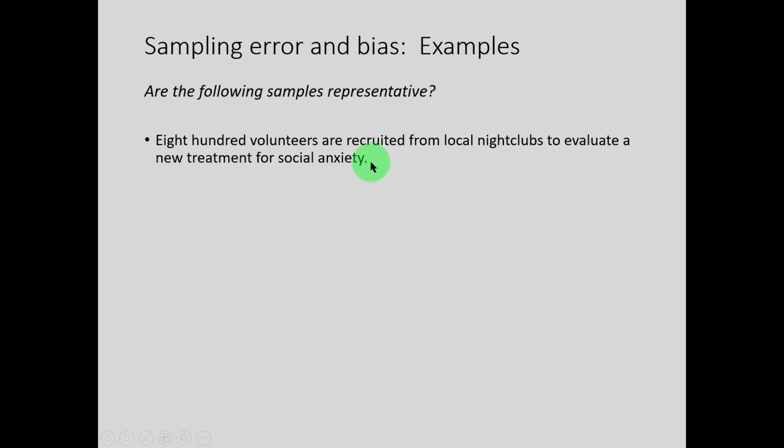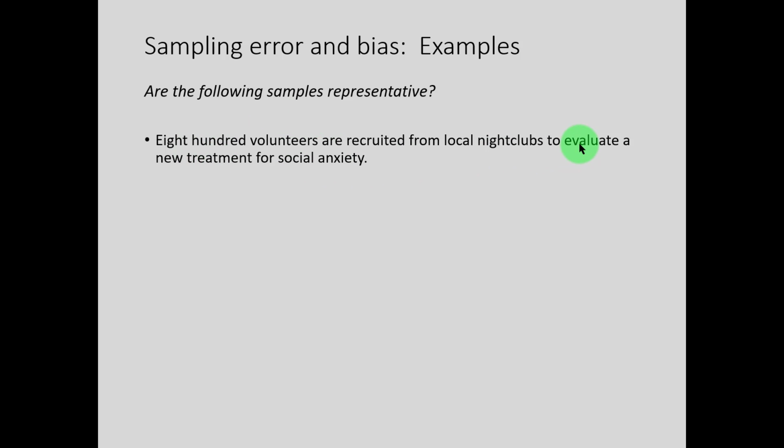So here I would say no. This sample is composed of volunteers and is sampling from individuals who attend nightclubs. So that's probably not going to be the population who consumes social anxiety medication. Presumably, I could be incorrect there. But I would say no on this scenario.